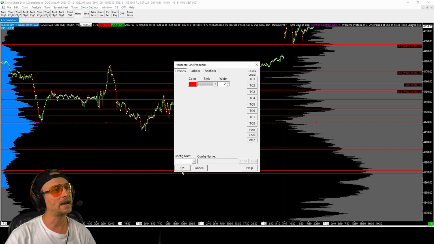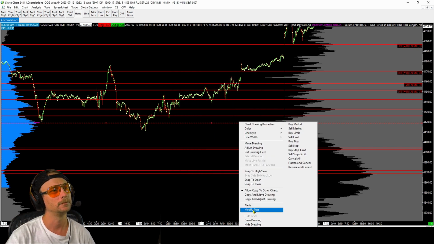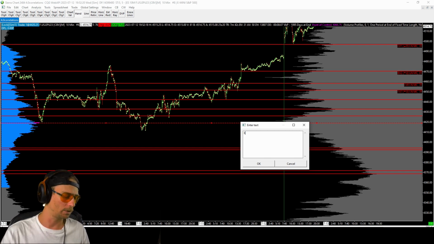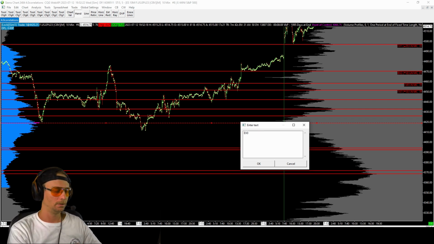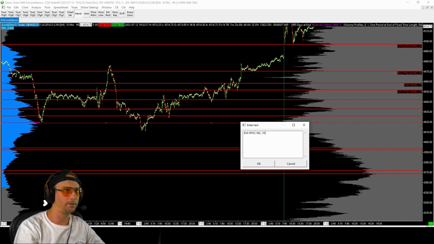So it's going to get a dash line. I don't know if it was ever tested, no, it wasn't. EV0, and this is going to be VPOC, MC for major composite on the left, and 3-year.